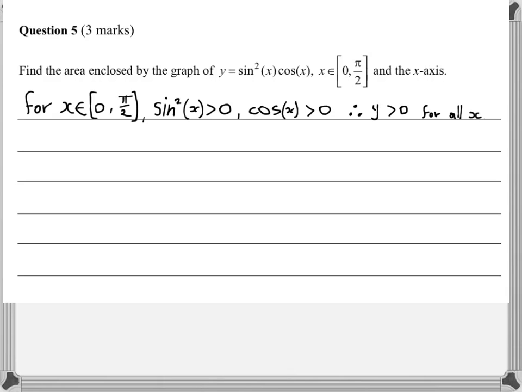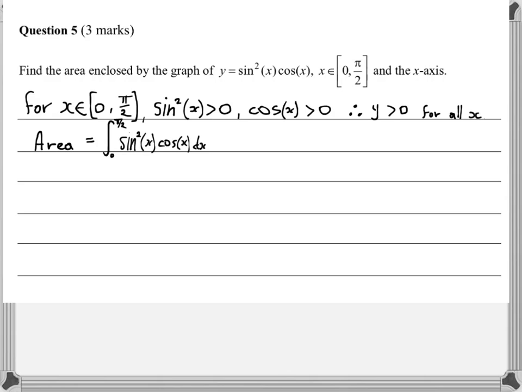So if both cos and sine are positive, therefore y has to be positive for all x values. Okay, so there is no crossing at all of the x-axis across this domain. That's good. I like that. Makes it easier to set up the integral.